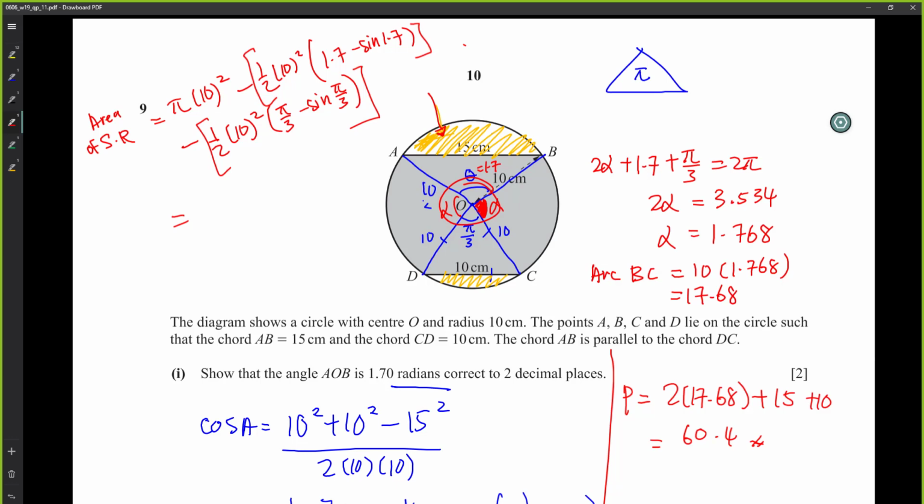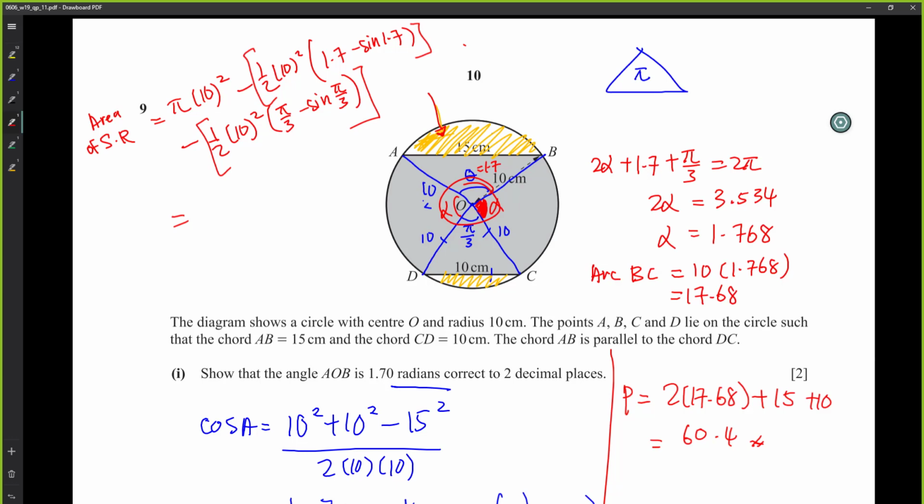Make sure your calculator is in radian mode, okay, or else you will get it wrong. And then minus another 50 times pi over 3. So just now I think I accidentally typed one.